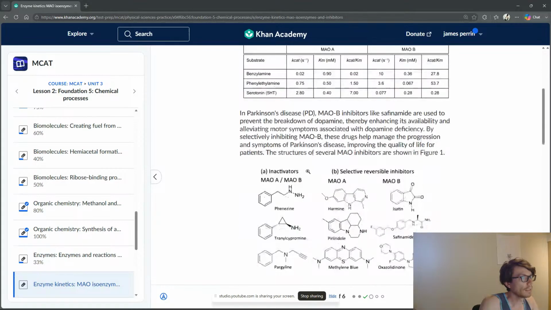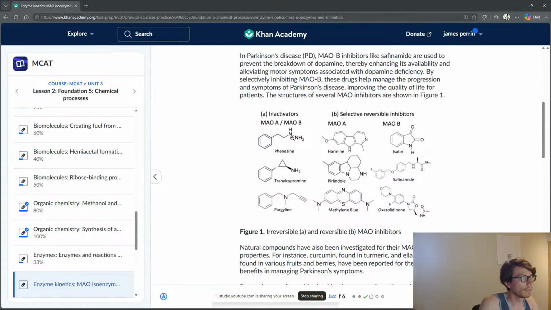Phenelzine, and here it says phenazine. That's kind of funny. Functional groups. There's a phenol. There are various amines, secondary, primary.